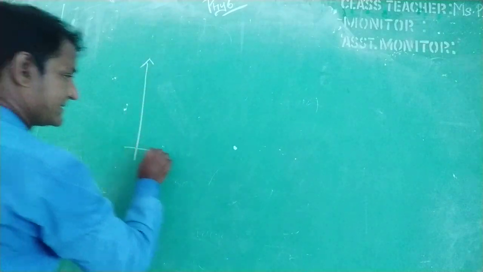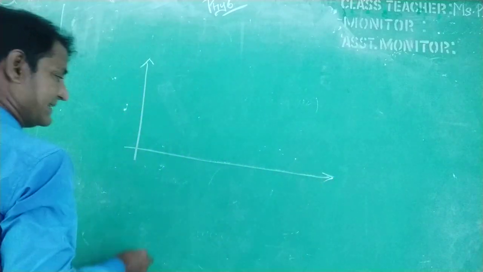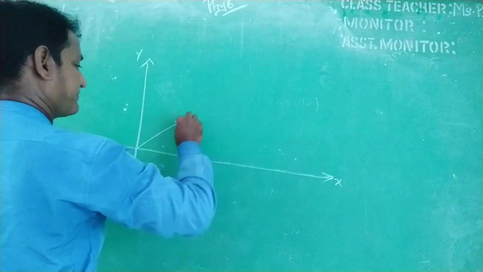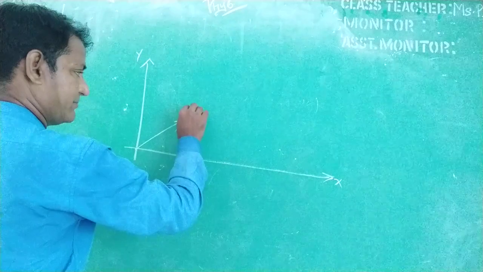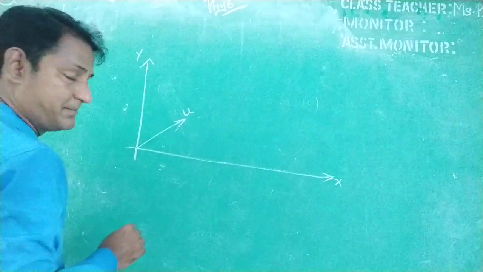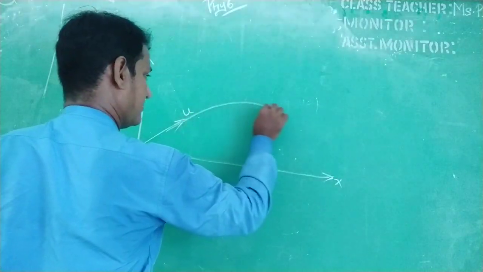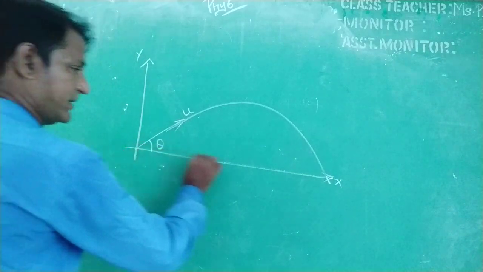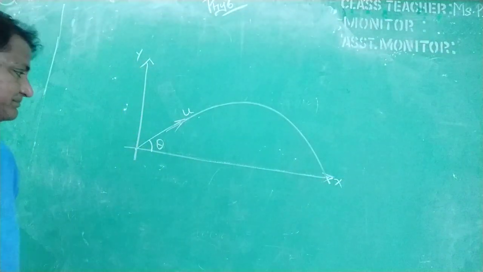This is the y-axis, this is the x-axis. The object is projected with an initial velocity u, like this, making an angle theta with the horizontal direction.